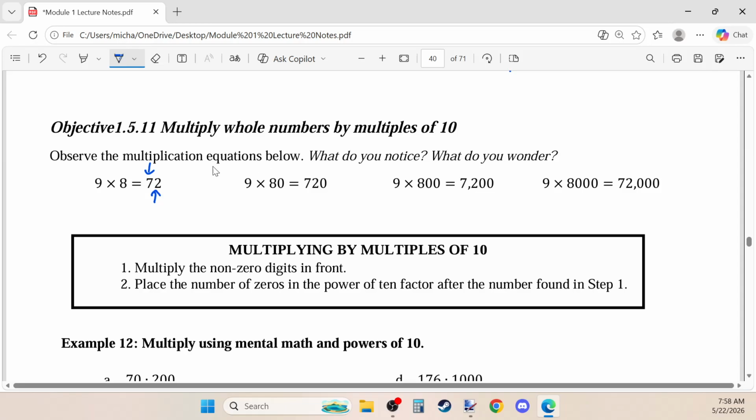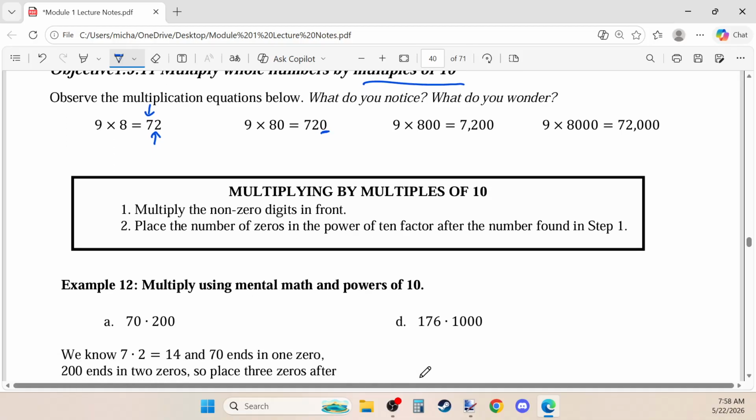Because we have a base 10 number system, multiplying by 10 is really easy. We just put zeros at the end of the number when we multiply by 10. This works also for multiplying multiples of 10.